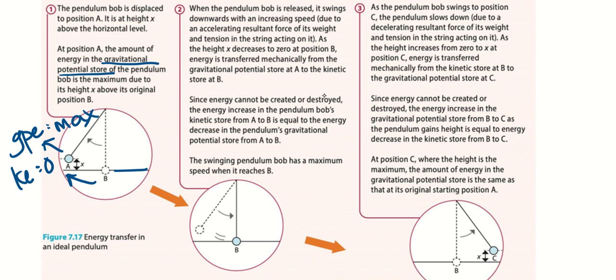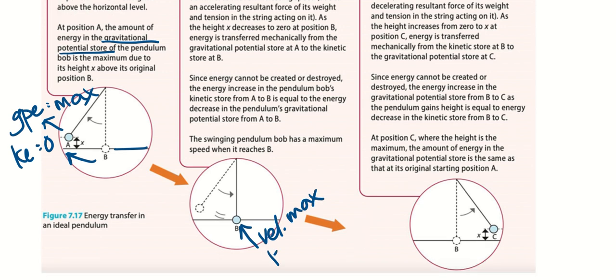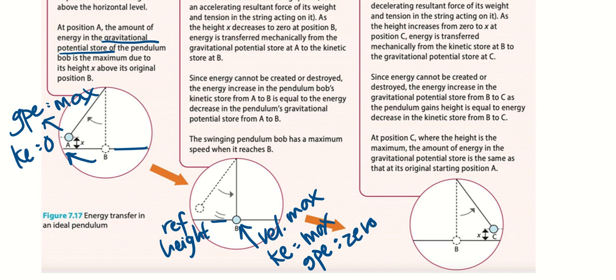When it reaches B, the velocity is maximum. That means the kinetic energy is at a maximum. Because it has reached the lowest point, we choose this horizontal level as the reference height, so the energy in the gravitational potential store becomes 0.